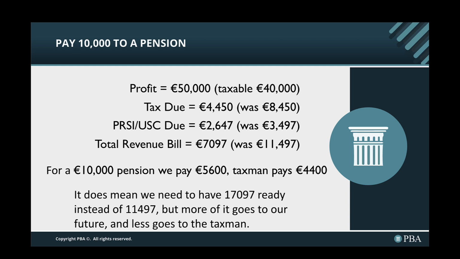So for 10,000, you would only be getting 5,600 of that, and the tax office would be taking 4,400. So really, if you could divert that whole 10 into a pension, yes, you don't have the money right now, but in the future, it'll be worth a lot more.